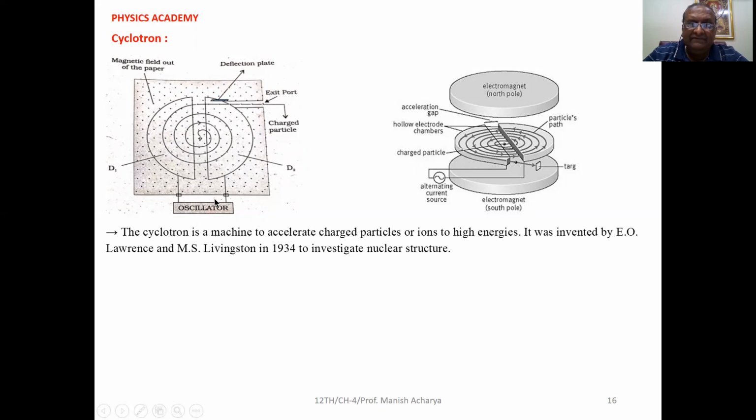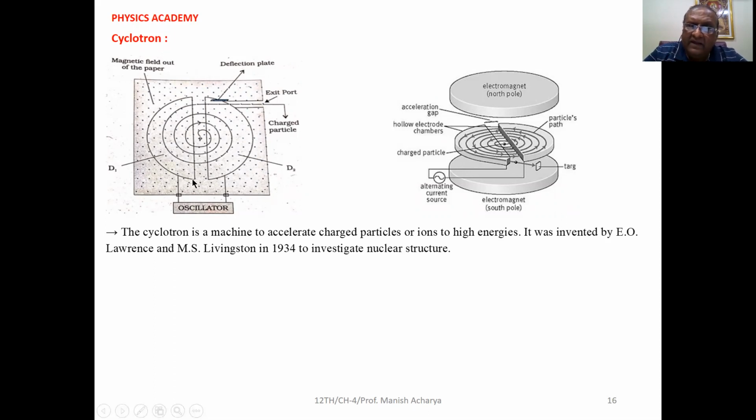Now see here, across these dees, the oscillator is connected. The oscillator is an AC source, for which the positive and negative potentials are continuously changing.